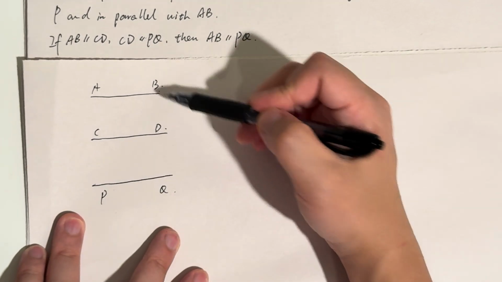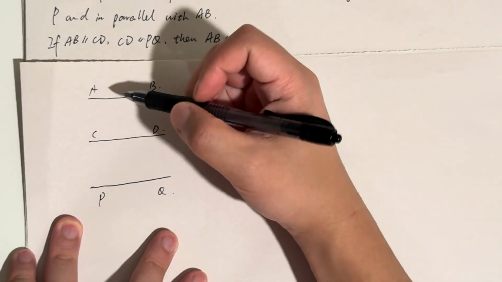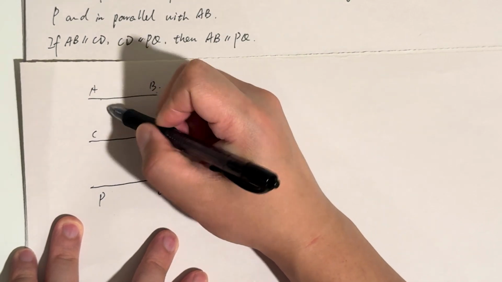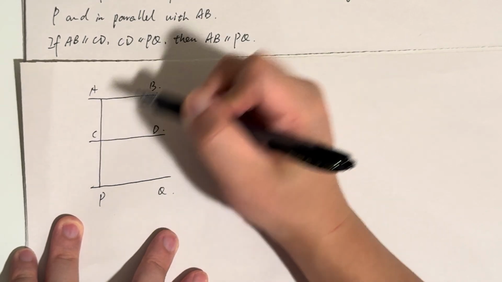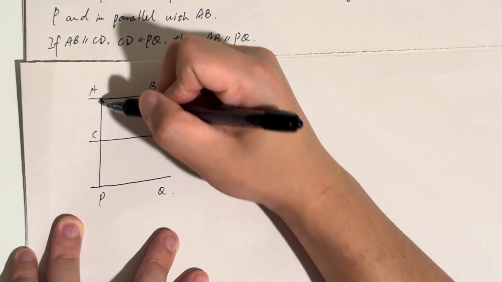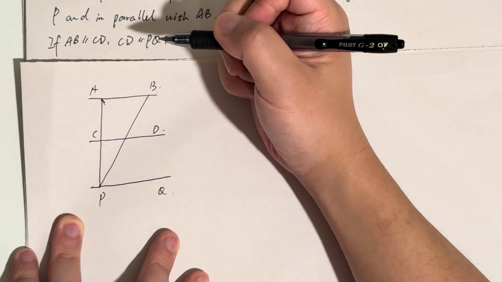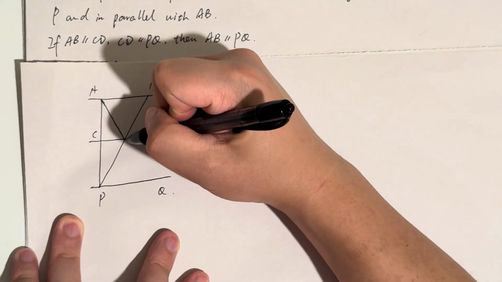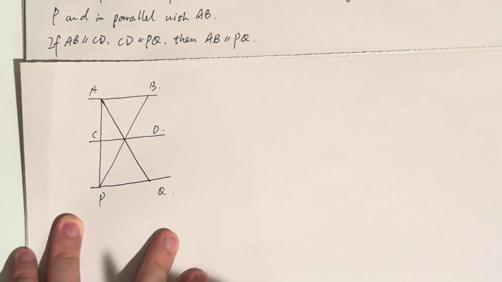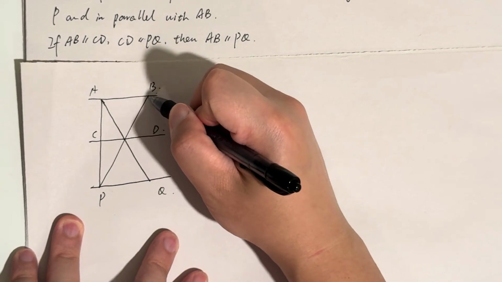We want to prove that AB is parallel to PQ. Remember that what we can do is to just, because PQ is any point on the third line, right? We can just define it.